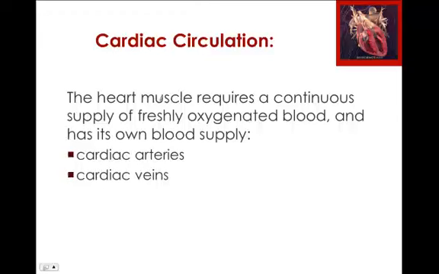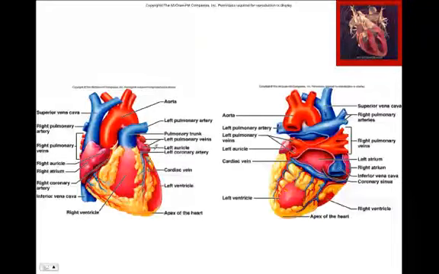The heart is this big muscle, and so it requires quite a bit of oxygen. So it has its own blood supply. It has its own arteries and its own veins, called the cardiac arteries and the cardiac veins. Here you can see some of these cardiac arteries. This is called the right coronary artery.